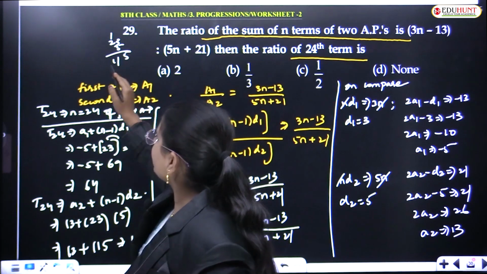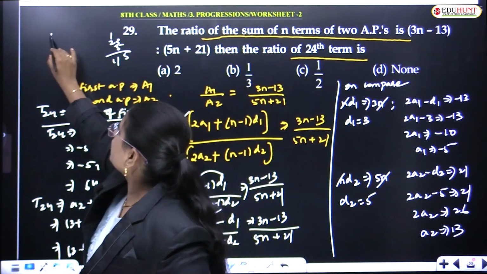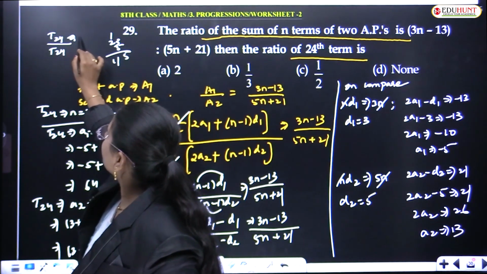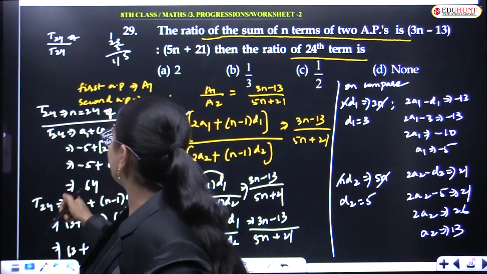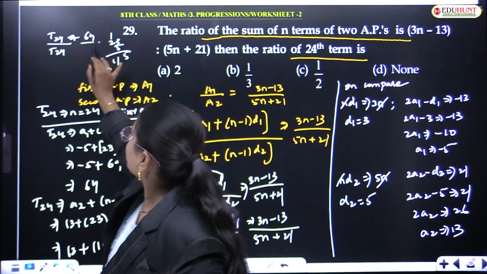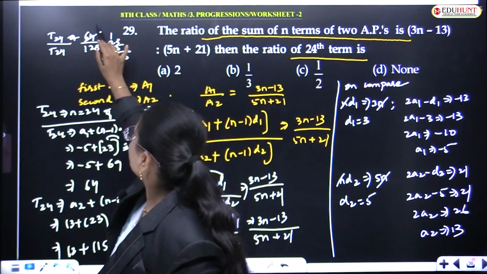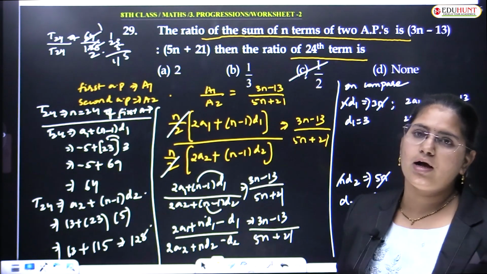So what do I need to find? I need to find the ratio of T24 of the first AP and T24 of the second AP. Did you get it? For the first AP I got 64 and for the second AP I got 128. Please cancel: 1 times, 2 times. So 1:2 will be your answer.